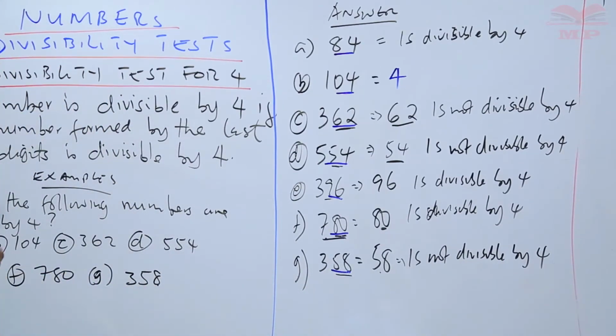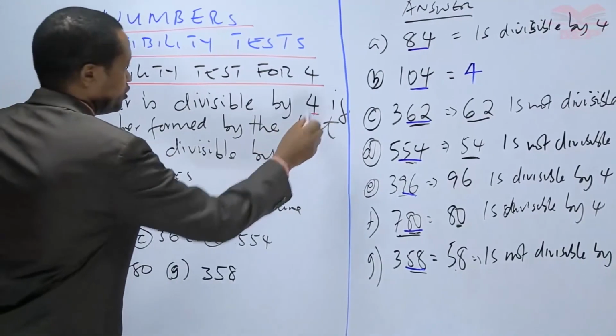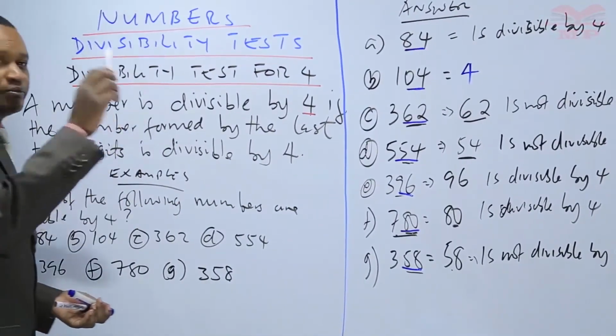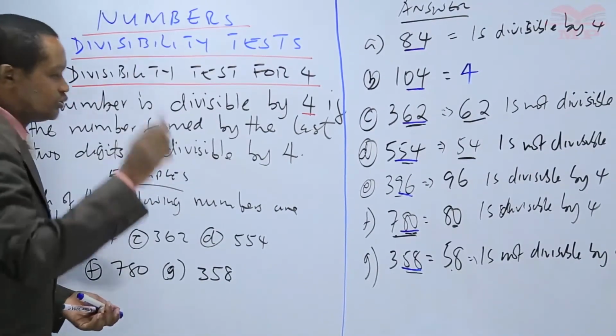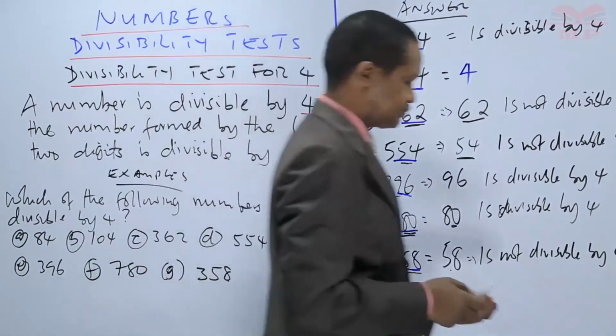Number 4, we have said in our today's lesson that a number is divisible by 4 if the number formed by the last 2 digits is divisible by 4.